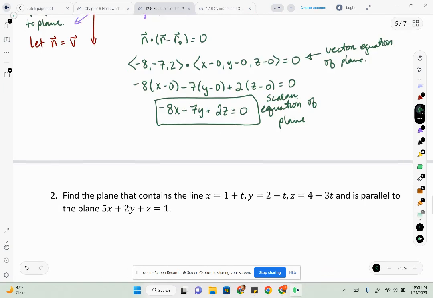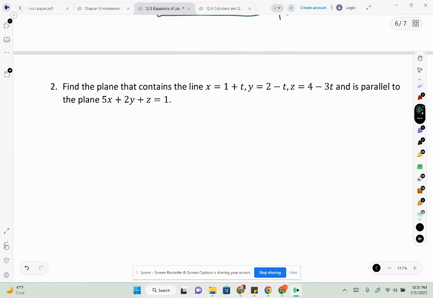Okay, next example. Find the plane that contains the line that's given. We're given some parametric equations for a line, and it is parallel to another plane. Okay, so here's what we have here. Here's our plane. And we are told that there is a line that is on our plane.